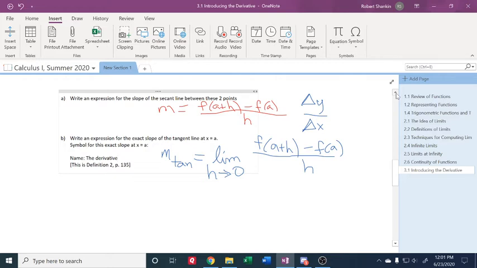It turns out that if it's a hole discontinuity, then yes, you can have a derivative at the point where the hole is, because it's going to be this definition, the slope of the tangent line as h approaches 0, and h is never allowed to get to 0. So a hole discontinuity will be okay, and you'll still have a derivative at that point.